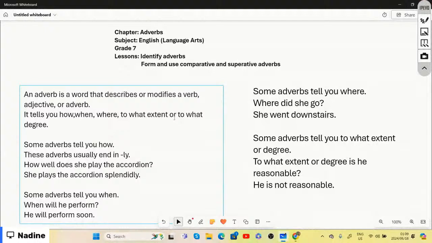And if we look at an example, it says, how well does she play the accordion?